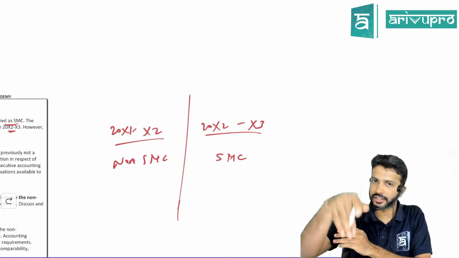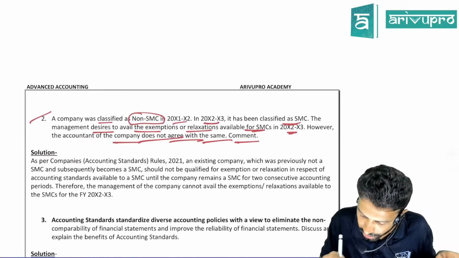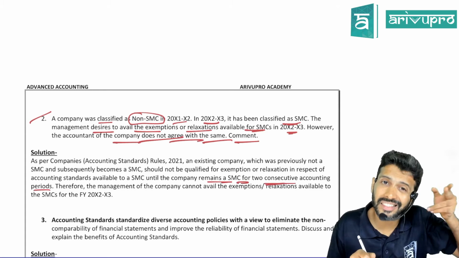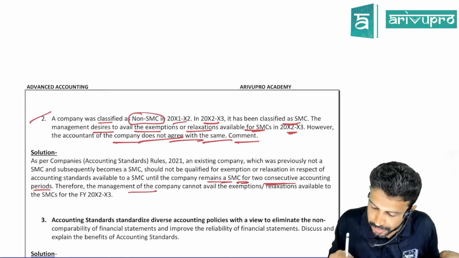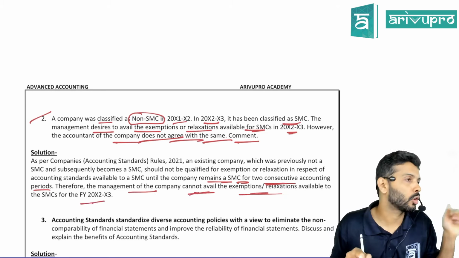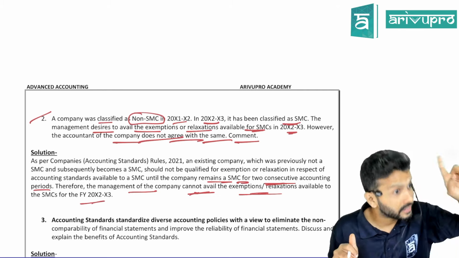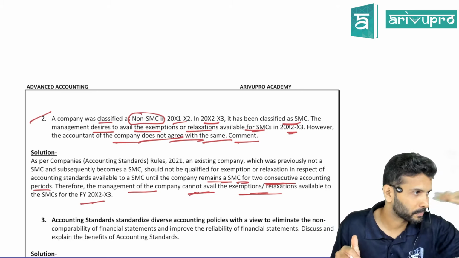If there is a downgradation, you need to wait for 2 consecutive years. So company should remain as SMC for 2 consecutive years. Therefore, management of the company cannot avail exemption for 20X3. If you want, you can write one more: exemption is available in the next year, provided they still remain as SMC.